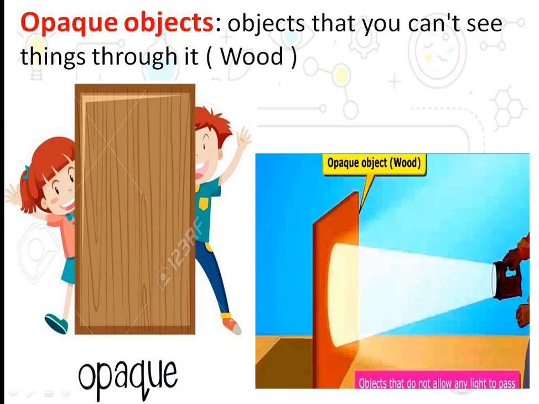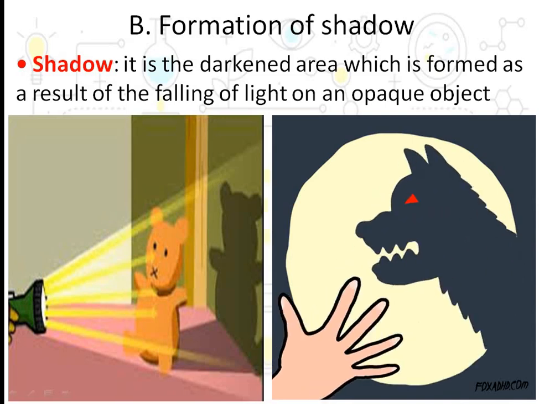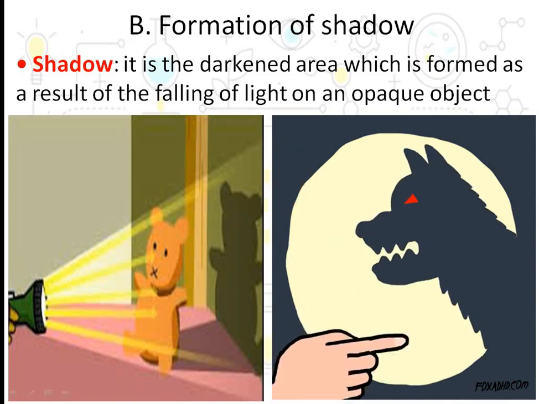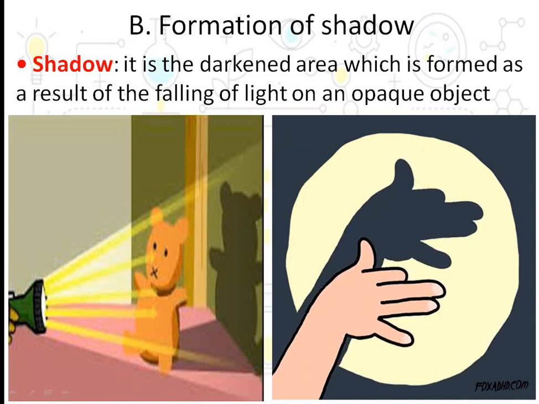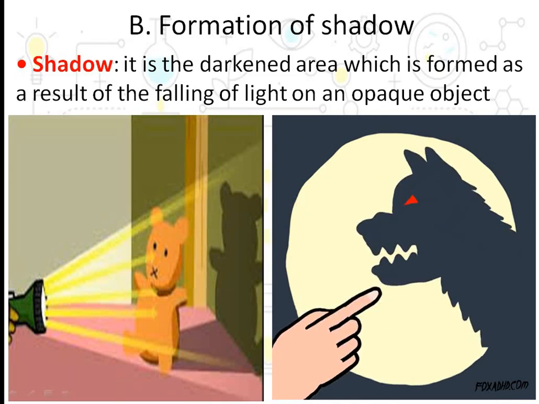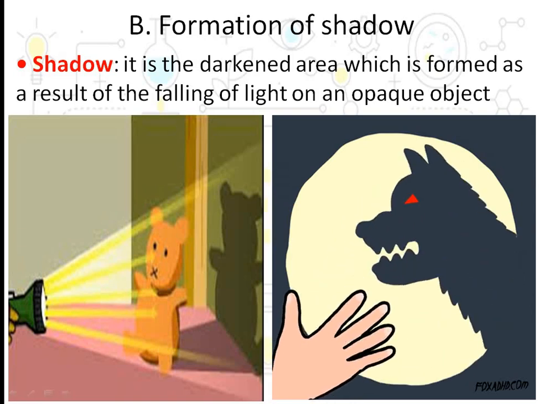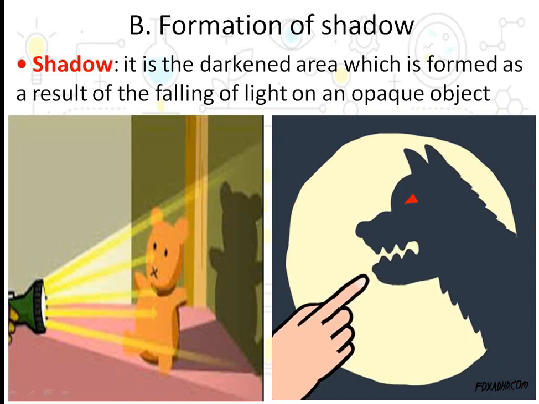So what is the definition of shadow? It is the darkened area which is formed as a result of the falling of light on an opaque object.